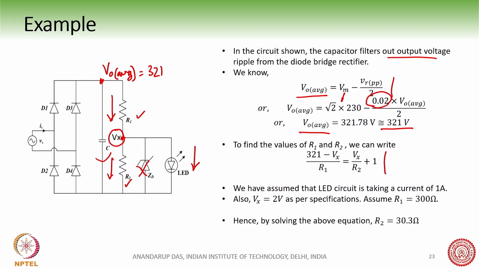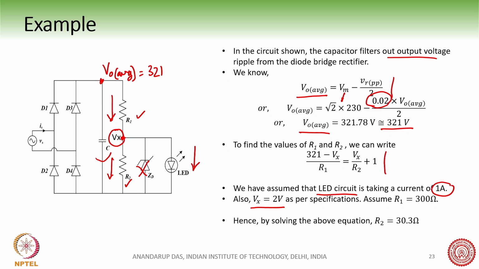Now we have assumed that this LED circuit, or the LED driver, is taking a current of 1 ampere, which has already been mentioned in the problem statement, and it is also said that we would like to maintain a voltage of 2 volt across this Zener diode. Therefore Vx is equal to 2 volt.